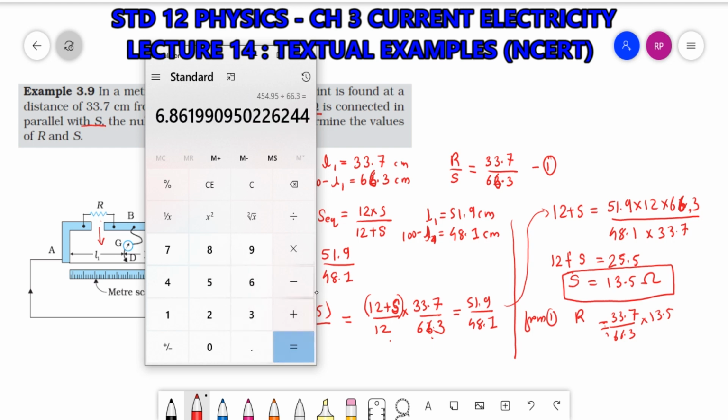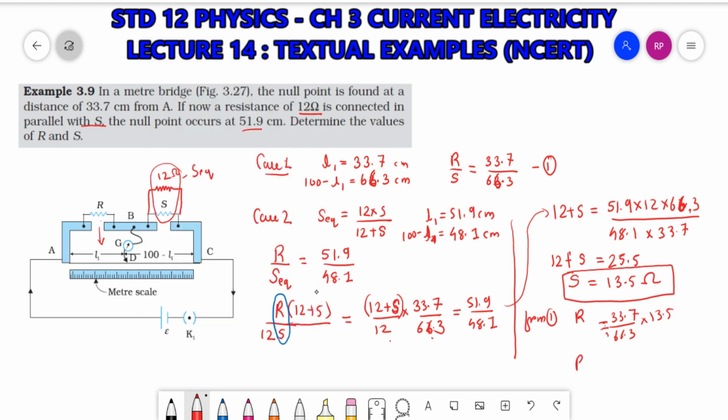Sorry, there is a mistake again: 33.7 multiplied by 13.5 divided by 66.3. So I got 6.86. So R is equal to 6.86 ohm. Clear? So S is 13.5 ohm and R is 6.86 ohm.